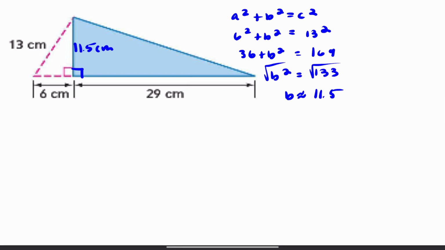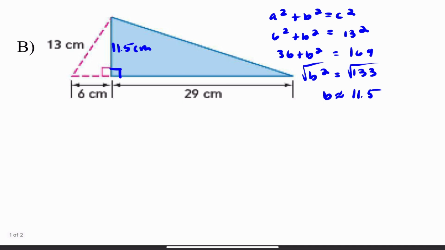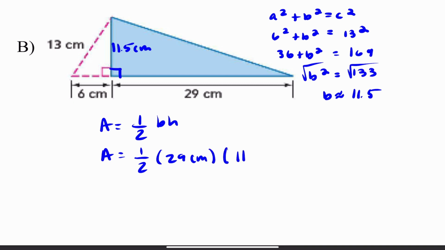Okay, so now what do I have to do? I can figure out the area. Great, let's do that. So it's the base of the triangle multiplied by the height of the triangle divided by 2. So A equals 1/2 times the base times the height. A equals 1/2 of 29 centimeters times the height, which is 11.5 centimeters.